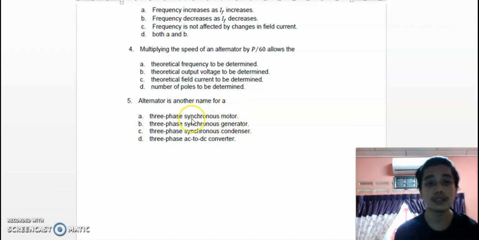No, not the answer. B, yes, B is the answer, synchronous generator. C is three-phase synchronous condenser. No, it's not. D, three-phase AC to DC converter. Absolutely not. So the answer is B, three-phase synchronous generator. That's all from me. I hope you understand. Thank you.